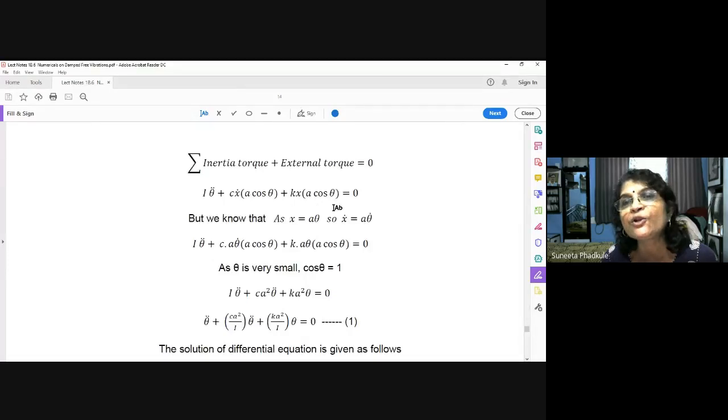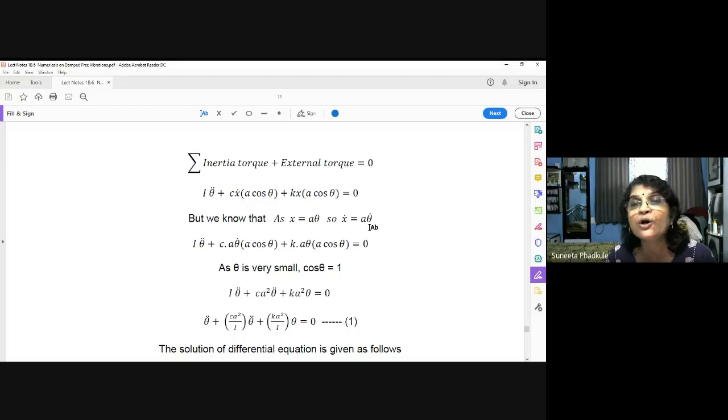All the torques are positive because all are acting in the anticlockwise direction. So I theta double dot is the inertia torque, then the damping torque is C x dot into distance A cos theta, then the torque provided by spring force is K into x into this distance, equal to 0. But we know that x is equal to A theta, so x dot is equal to A theta dot.